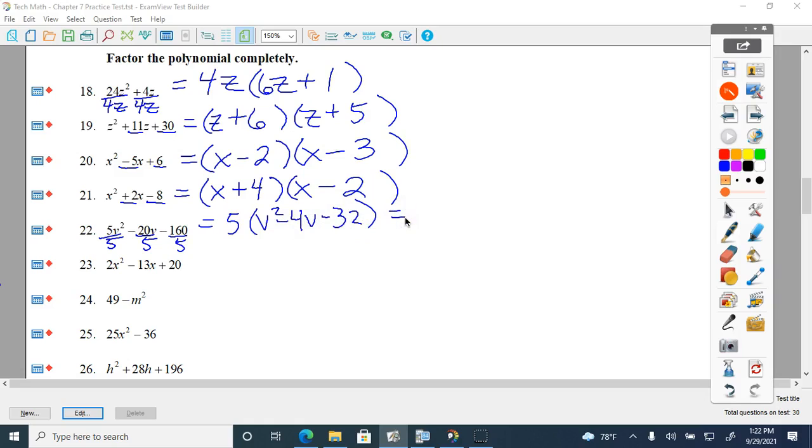Is that right? And now we ask ourselves and we play the game. What two numbers multiply to be negative 32 and add up to negative 4? That would be negative 8 and positive 4. Okay? And again, if you can't think of them off the top of your head right then, don't worry about it. Just write all of them down. Start at 1 and go up.